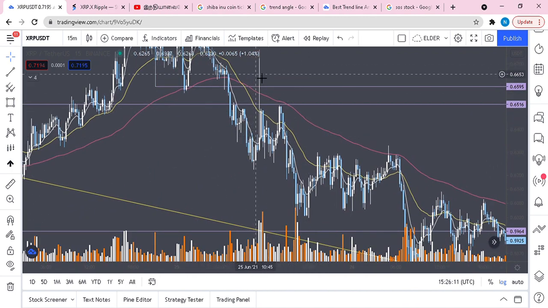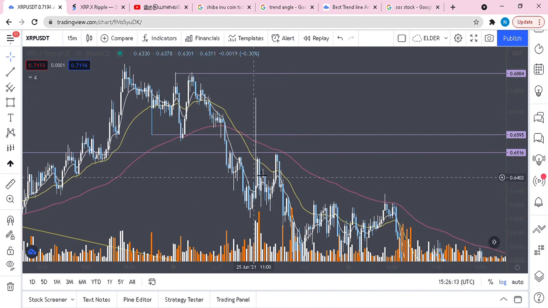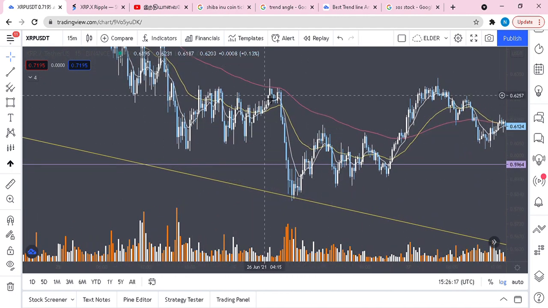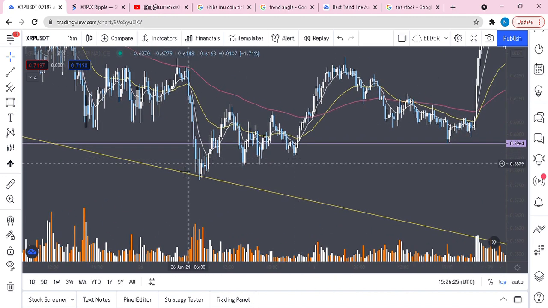It's trying to go back inside the level over here, and it got kicked down. And once again, it came down, found support on the old trend line, and then where did it climb? It climbed back inside the level.